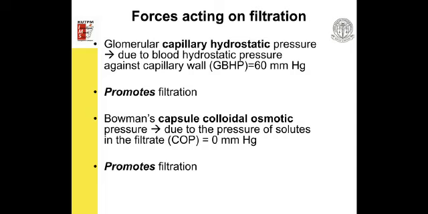An increase in capillary hydrostatic pressure enhances the effective filtration pressure and hence filtration takes place. So this capillary hydrostatic pressure promotes filtration. The Bowman's capsular colloidal osmotic pressure, due to the presence of solutes, is around 0, and this also promotes filtration.